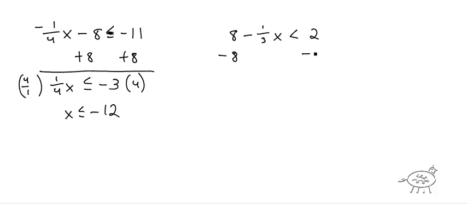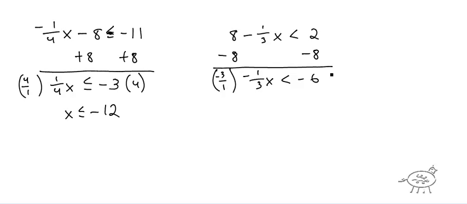Subtract 8 from both sides. -1/3 x is less than -6. Multiply by the reciprocal, which is -3/1, or just -3. And remember, if you divide or multiply by a negative, you flip the inequality sign around. So it's greater than +18. And that's your answer.